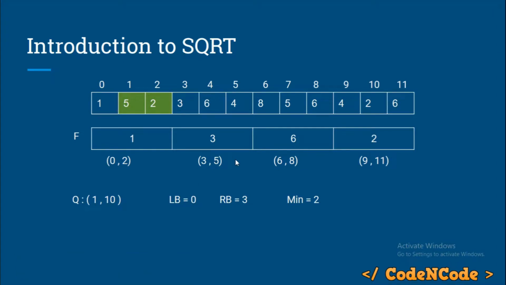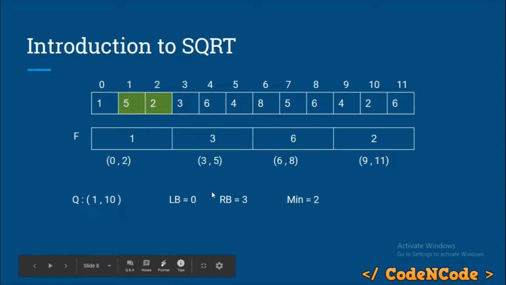So the starting position of the next block is 1 into 3, that is block number multiplied by block size. So 1 into 3 is 3. So you have to traverse all the elements starting from 1 but less than 3. So 1 and 2, you have traversed 1 and 2, so the minimum is 2.